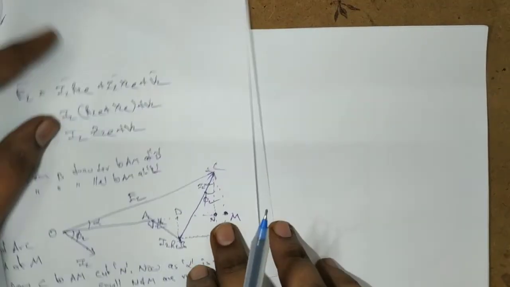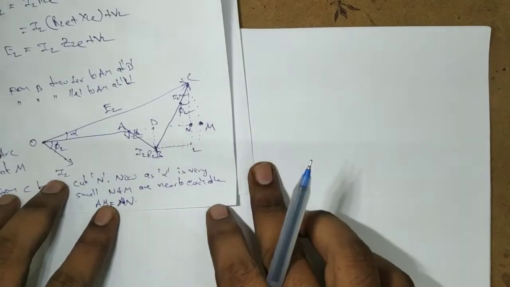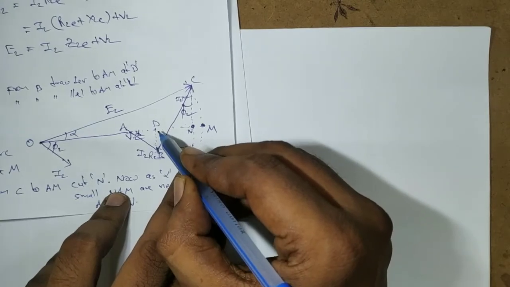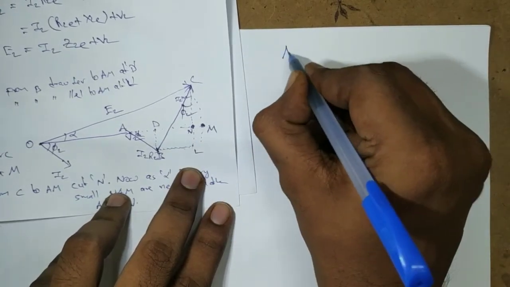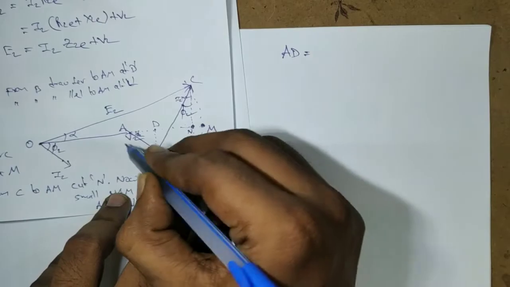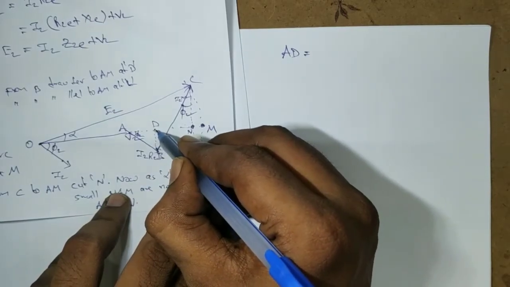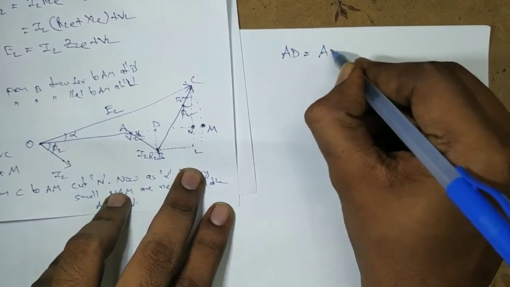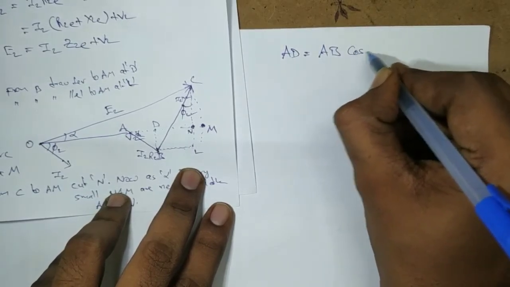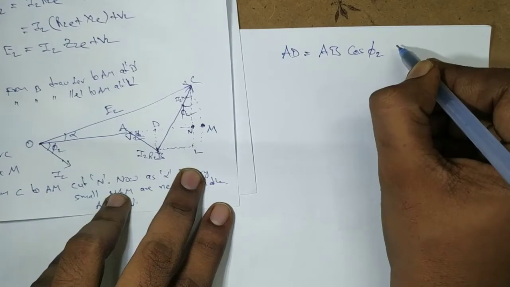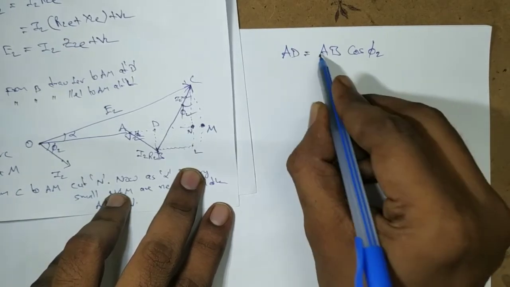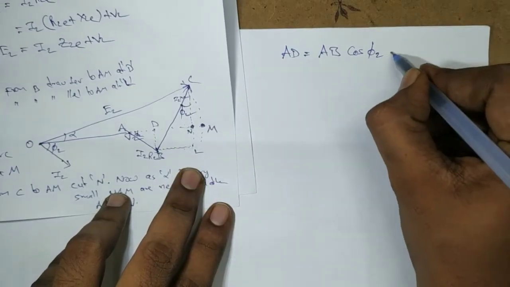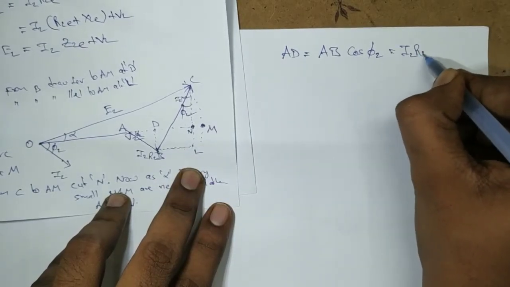In the first triangle, side AD will be equal to AB cos phi 2, and the value of AB is I2 R2E. So finally AD is equal to I2 R2E cos phi 2.